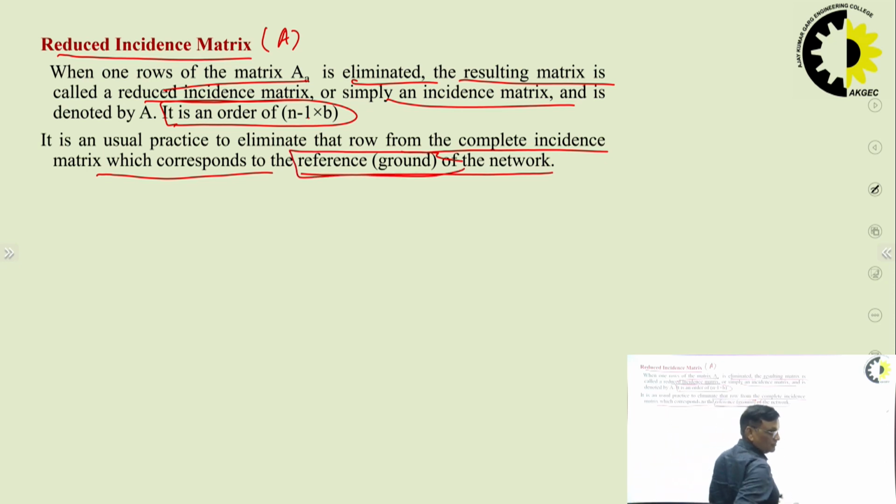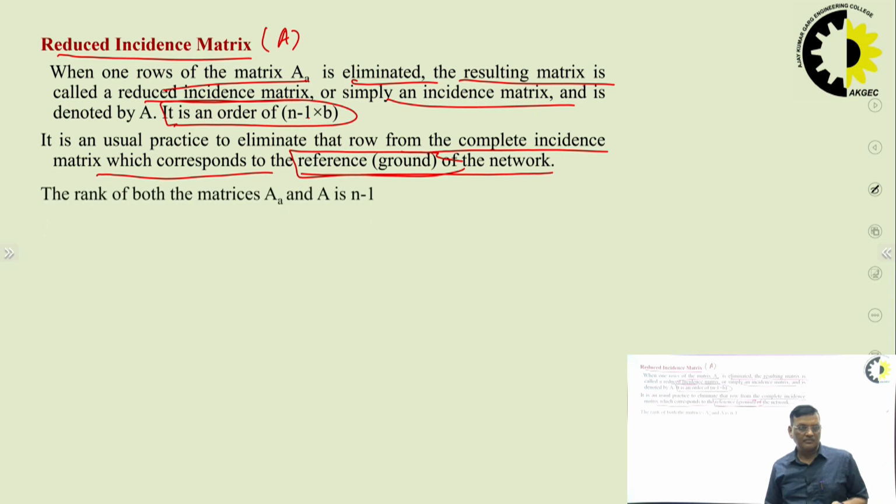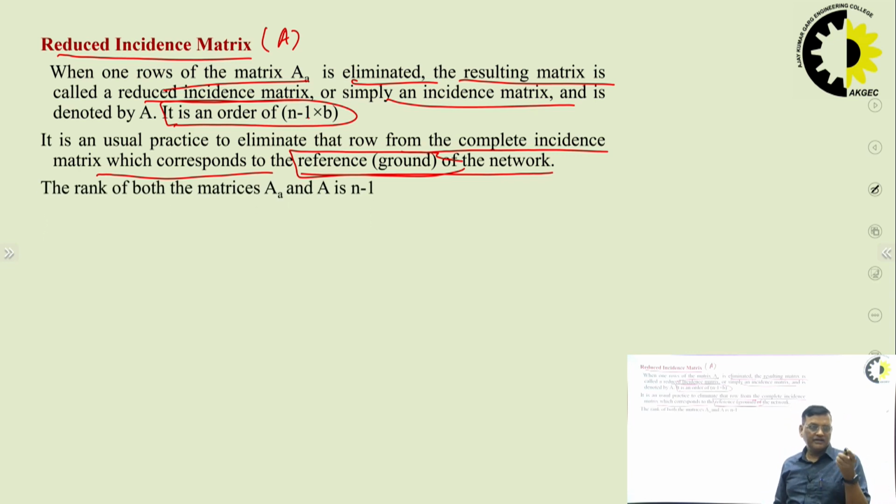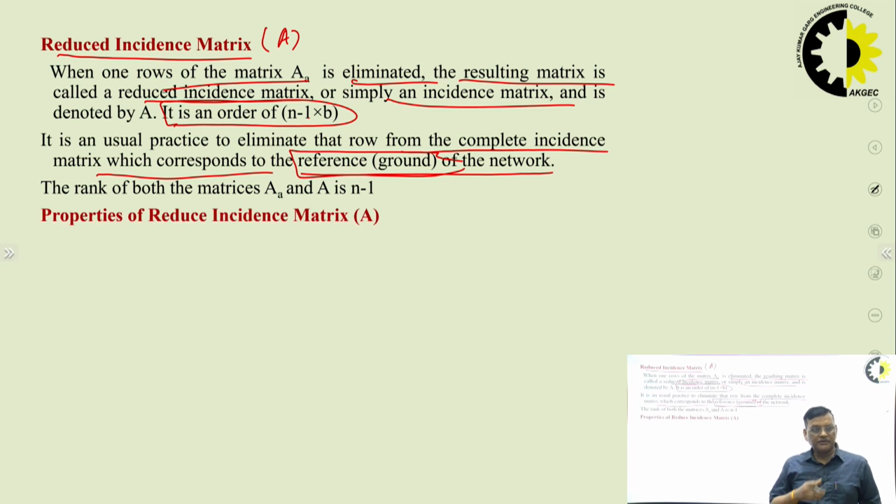So usually we remove the bottom one, the last row of the matrix. The rank of both AA, the complete incidence matrix, and A, the reduced incidence matrix, is n minus 1.